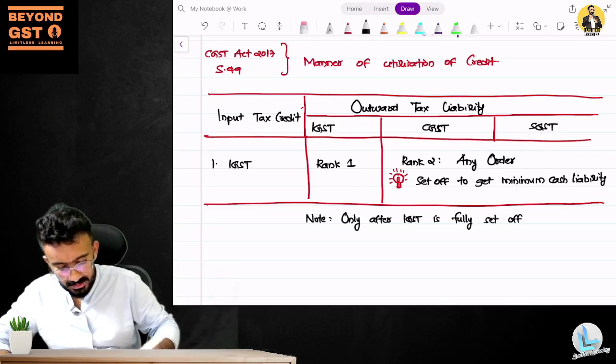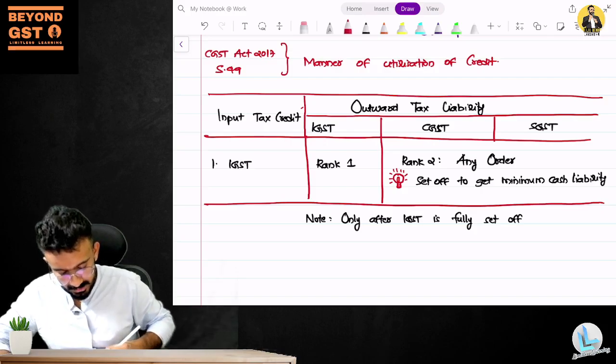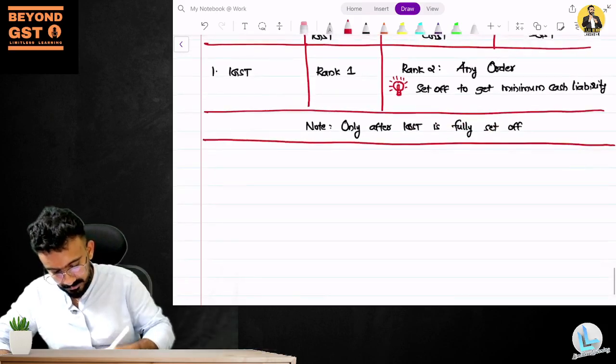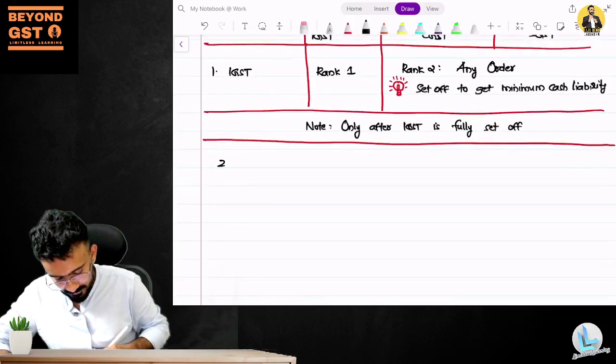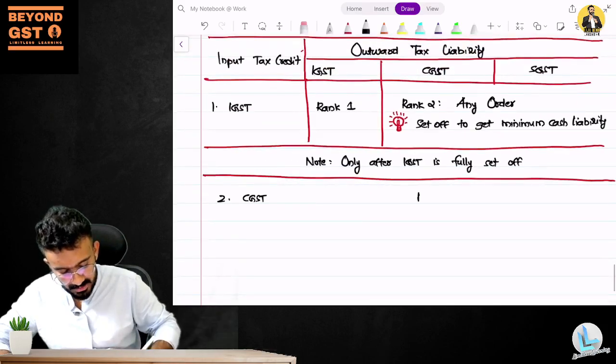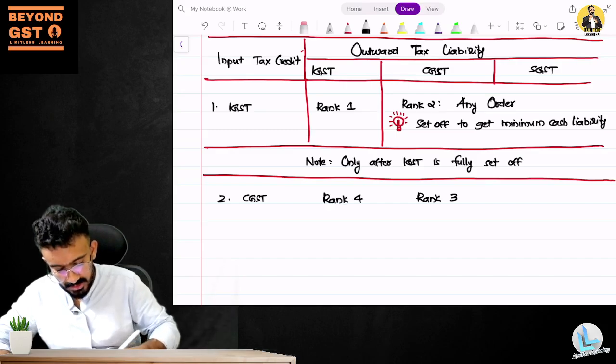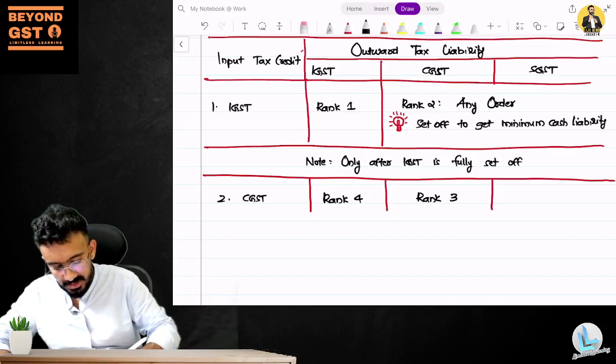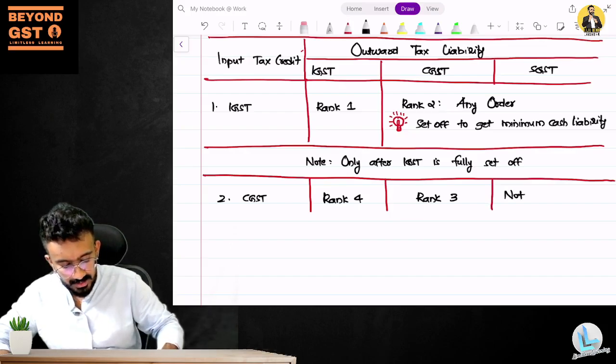So CGST will be first set off against CGST. That is your rank number 3. Then CGST can be set off against IGST. That is rank number 4. Can you set off CGST against SGST? No, that is not permitted.